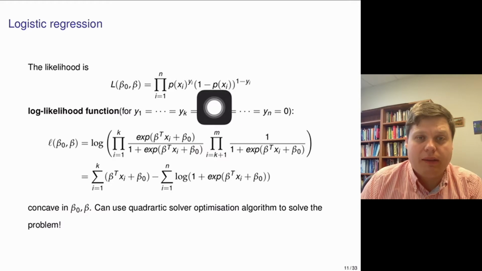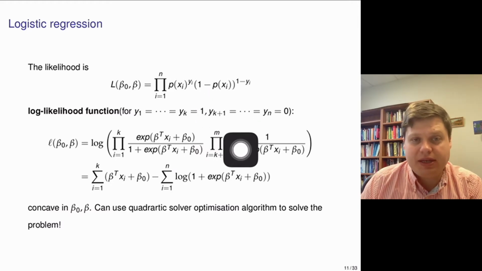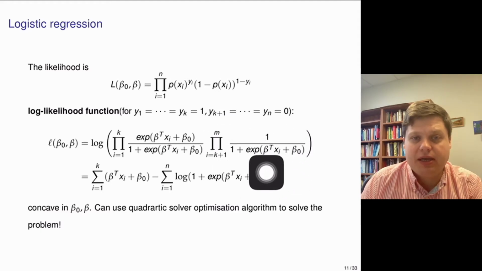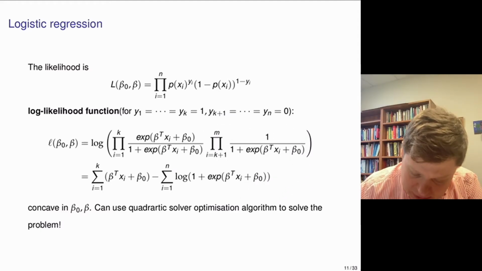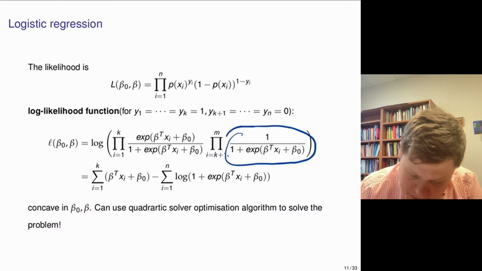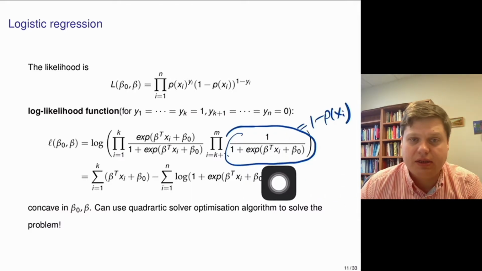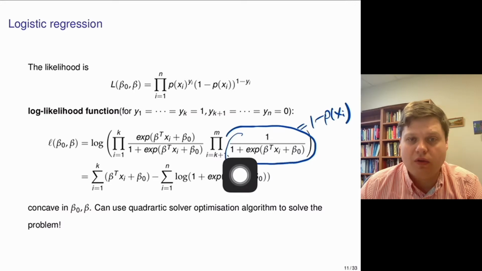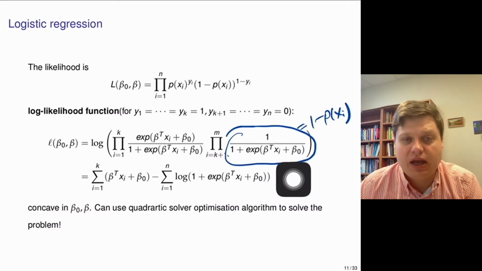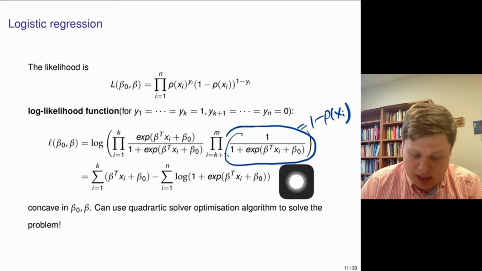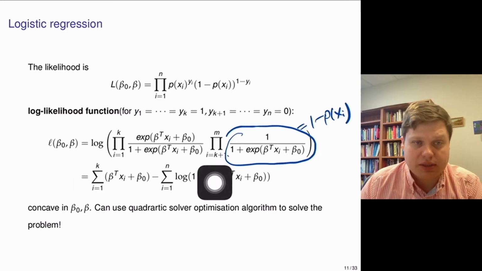And when y equals 0, we have 1 minus p of xi, so the product of 1 minus p of xi. What you see here is just 1 minus p of xi. If you do some simplifications, then you'll get something like 1 over 1 plus the exponent of this affine transform. Okay, and now the logarithm transforms the product into a sum.